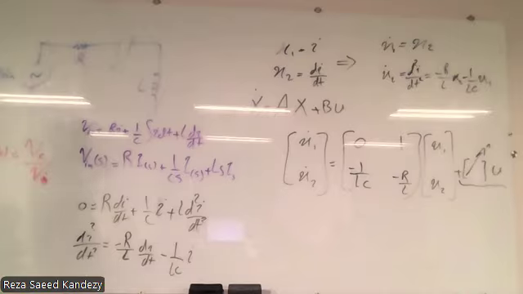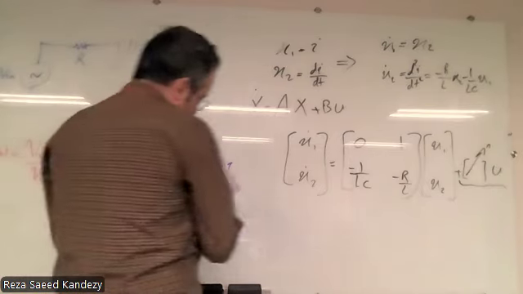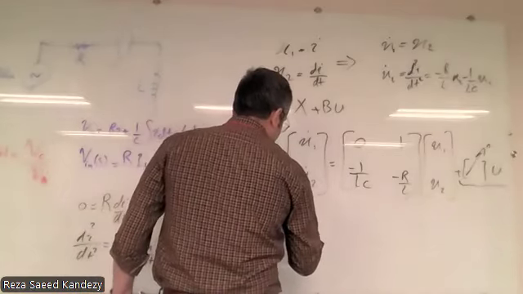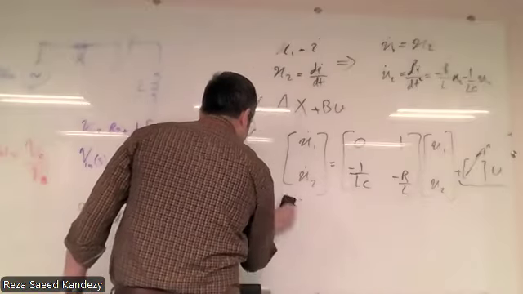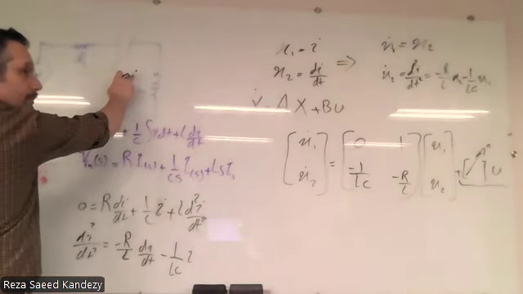How you can develop the transfer function out of this state space model, we already know. Now let's actually define the output. The output is the V across the capacitor.